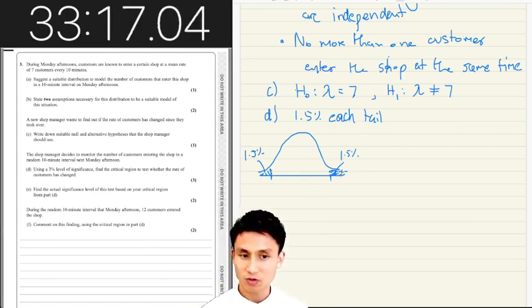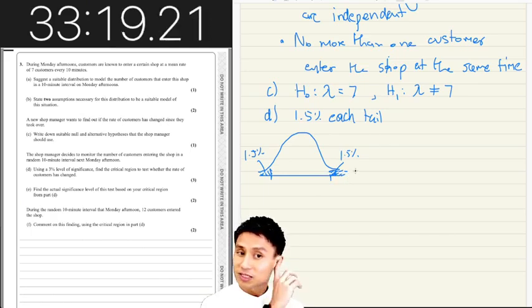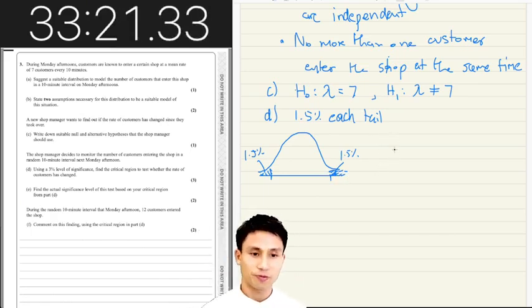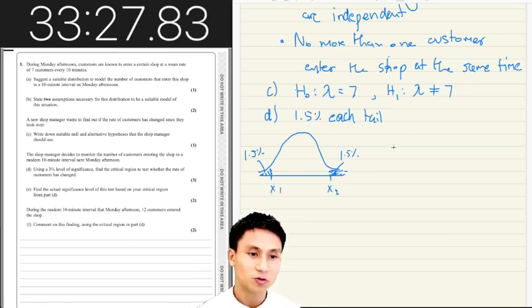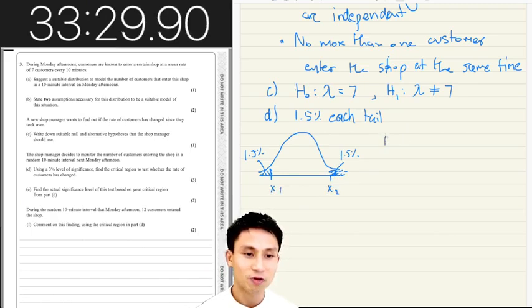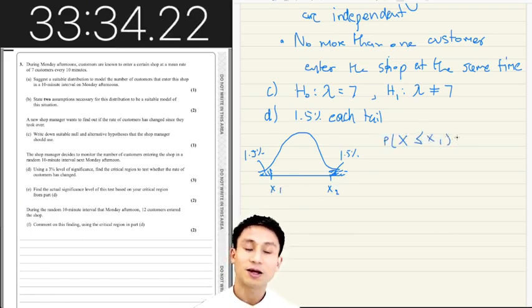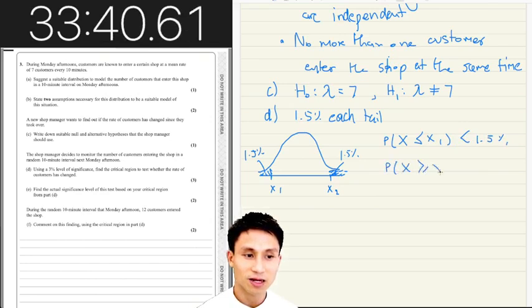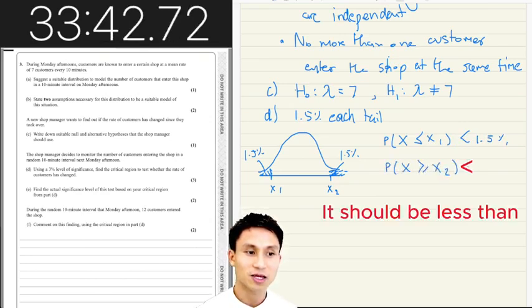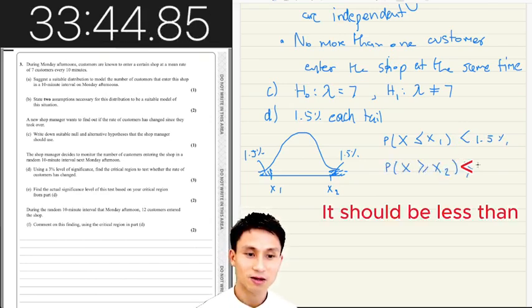Now, we know how to calculate the probability of each tail. So you want the probability of less than this value and this value. So we must seek the probability of x less than or equal x1 to be less than 1.5%. And the probability of x greater than or equal x2 has to be less than 1.5%.